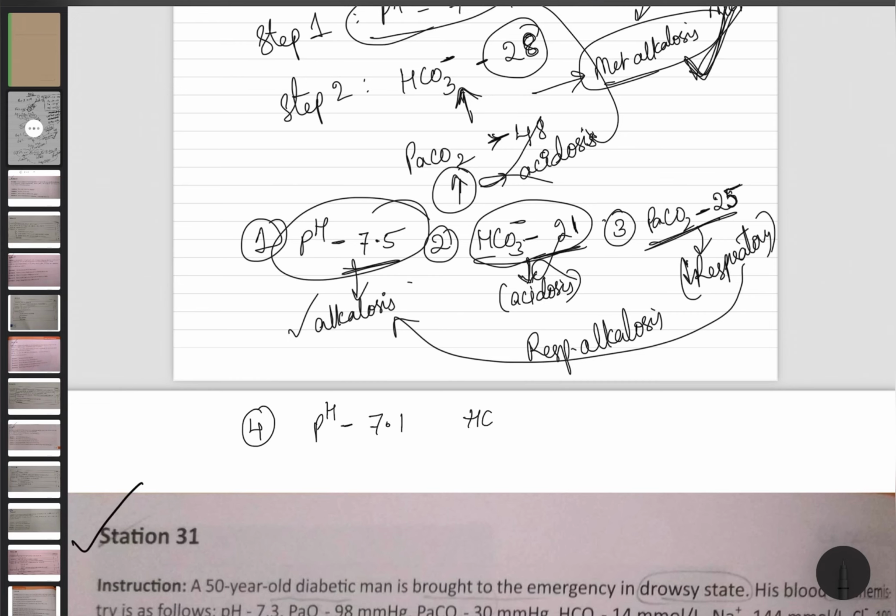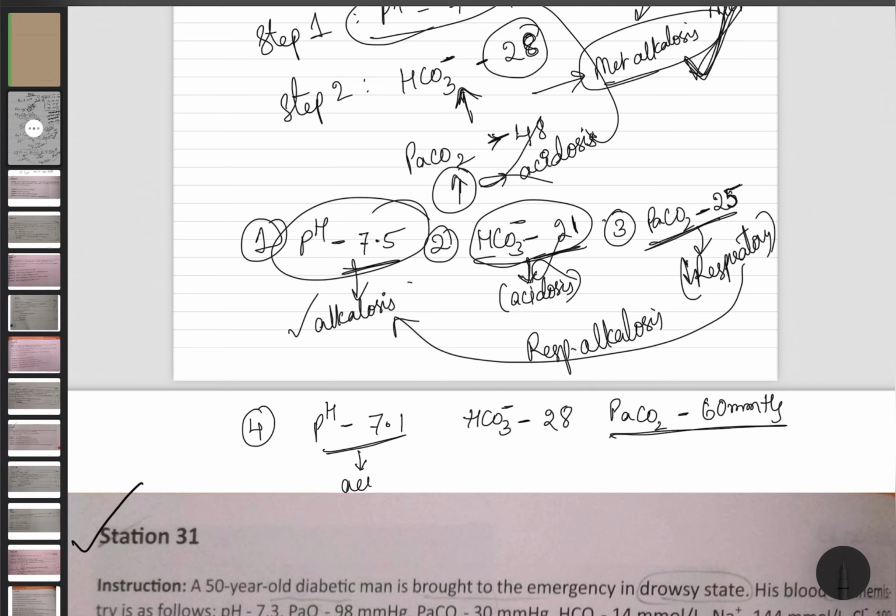This is the fourth example. pH of 7.1, HCO3 of 28, PaCO2 of 60 mmHg.